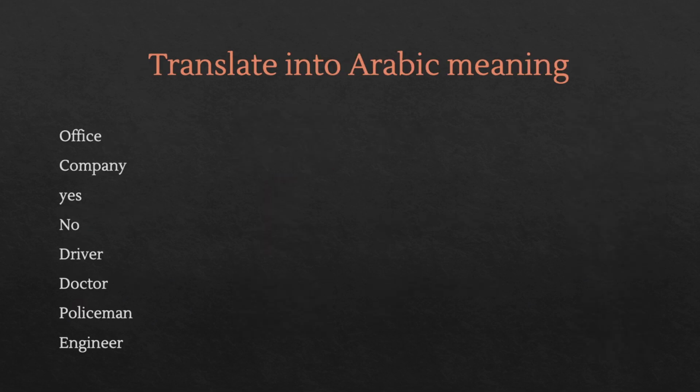On this final slide, translate the English word into Arabic in your mind before I reveal the answer again. Okay. Office. What do you think office means? It means maktab. Okay. Company. What's company in Arabic? Sharika. Okay. Yes. How do you say yes in Arabic? Na'am. No. La.